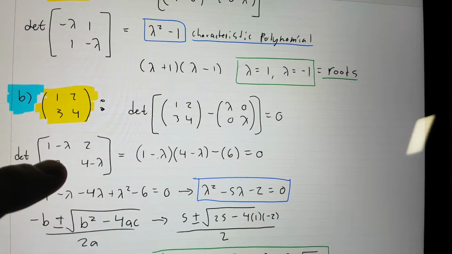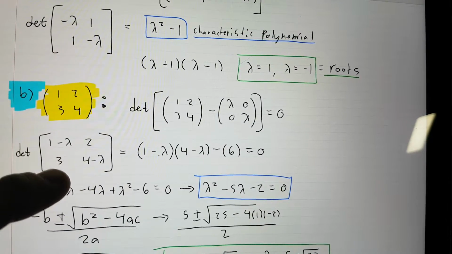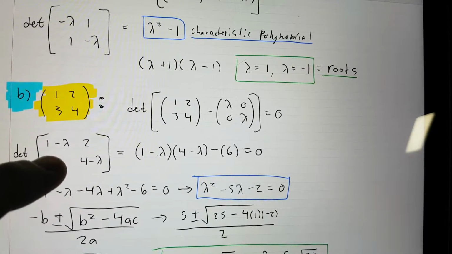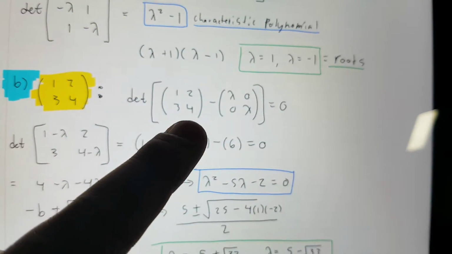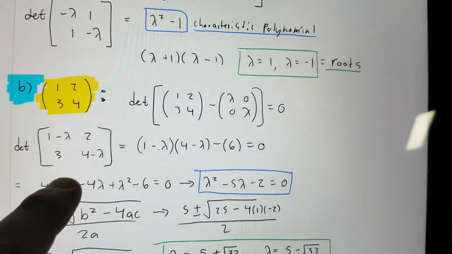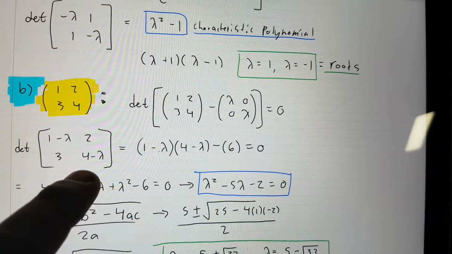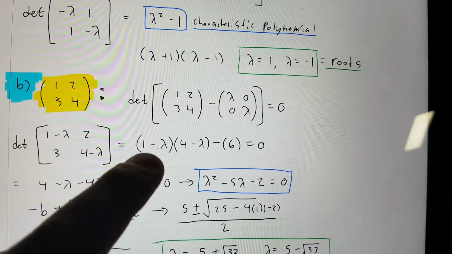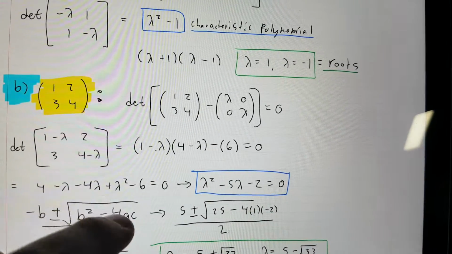So B, I go ahead and I do the exact same thing. So this is really tedious. So basically I get down to this point here where I subtract 1 minus lambda and 4 minus lambda, or what's going to end up in your determinant here. And then you go ahead and multiply this out. You'll get this.